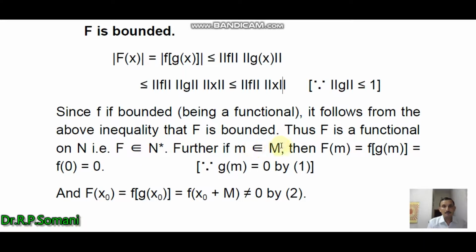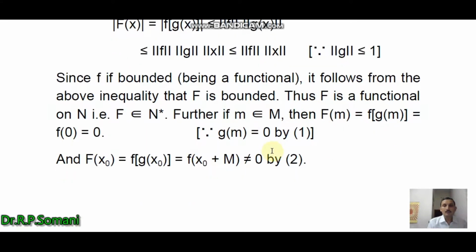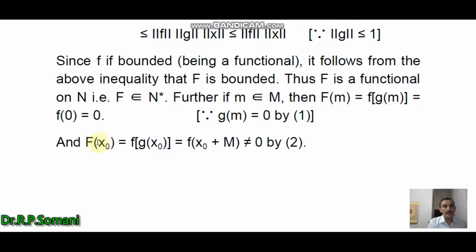Further, if m belongs to M, then f(m) = f(G(m)), and this is equal to f(0), because G(m) = 0 by equation 1. And f(x0) = f(G(x0)), and this is equal to f(x0 + M), not equal to 0 by equation 2.